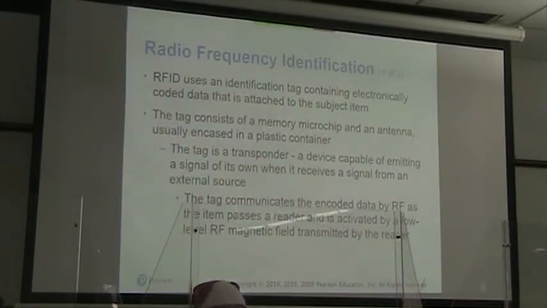Great strides have been made in the RFID area to the point where now you'll even have RFID tags that are thin enough that, for example, they're put in books, or they can be used in other ways than that. So our tag is a transponder. It emits a signal on its own, but only from the energy of receiving a signal that's telling it to emit that signal.